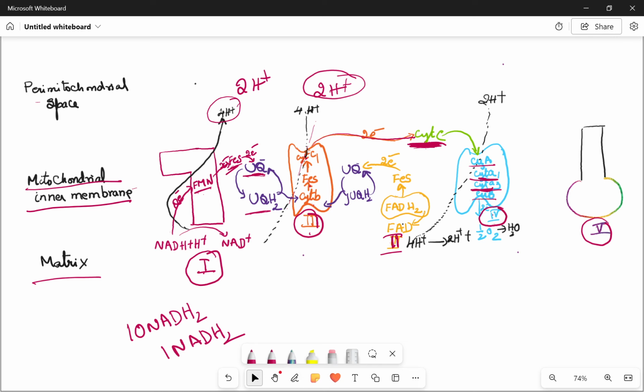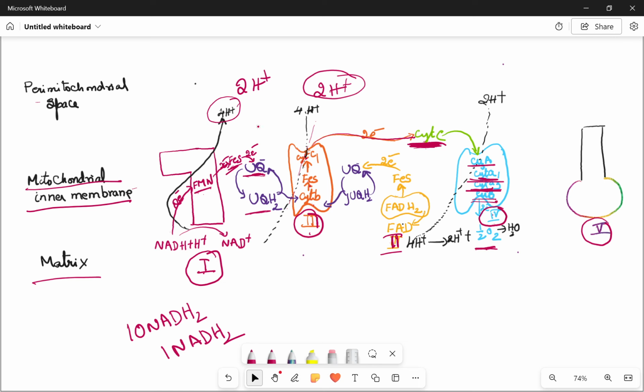This A3 has copper A and copper B. The sequence of electron transport is very important: from cytochrome C to copper A, then cytochrome A1, then cytochrome A3, copper B, and finally to the half molecule of oxygen. The final electron acceptor is half molecule of oxygen.